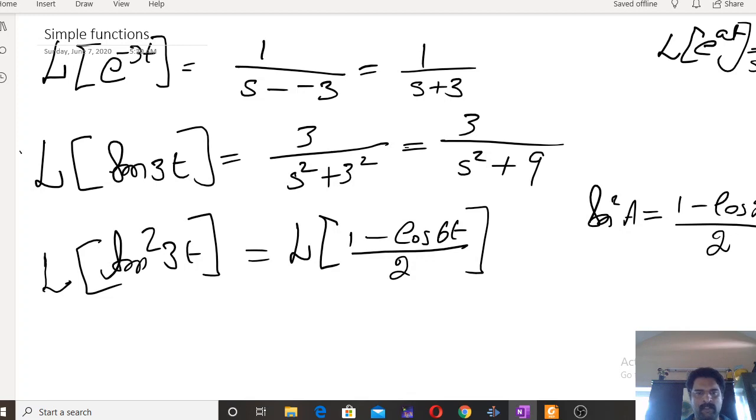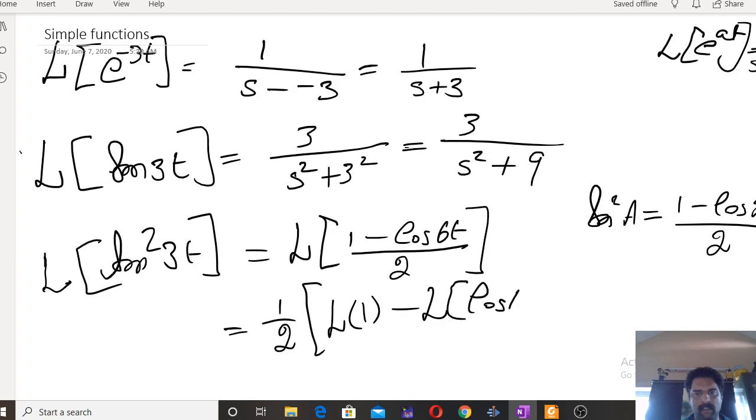Now we can use the linearity property of the Laplace transform, take this 1 by 2 outside, and distribute the Laplace transform as the Laplace transform of 1 minus the Laplace transform of cos 6t.